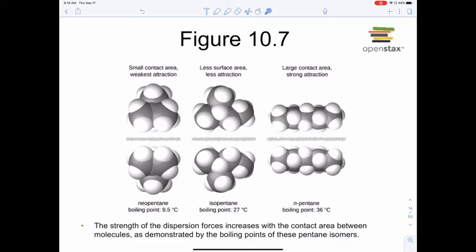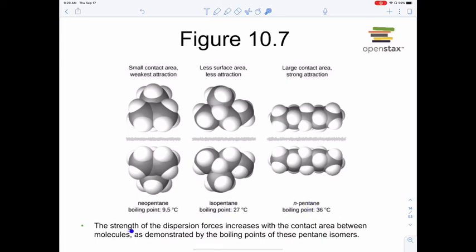If you look at their boiling points, 9 degrees, 27 degrees, 36 degrees, this shows that neopentane would probably be a gas at room temperature, isopentane would be a liquid, and N-pentane would also be a liquid at room temperature.